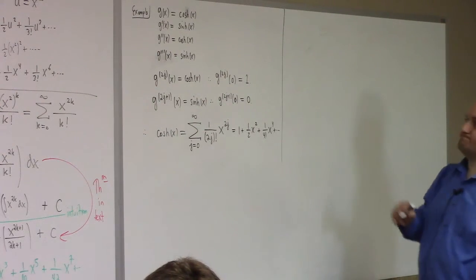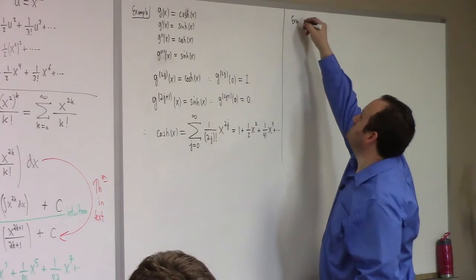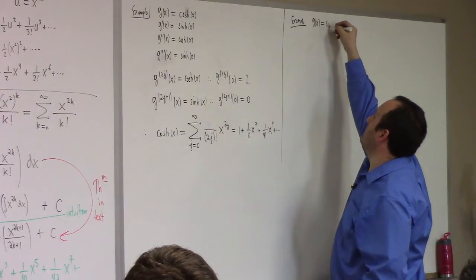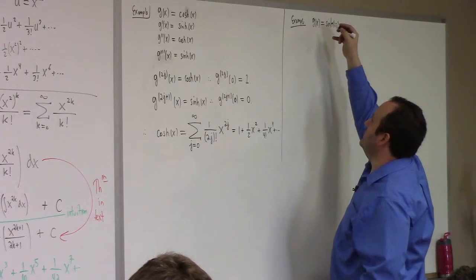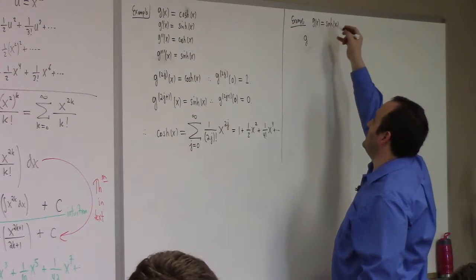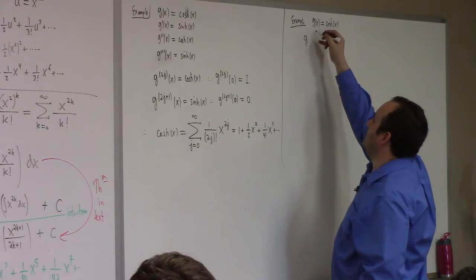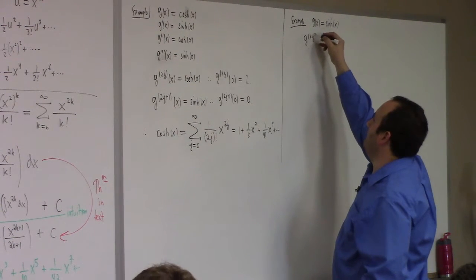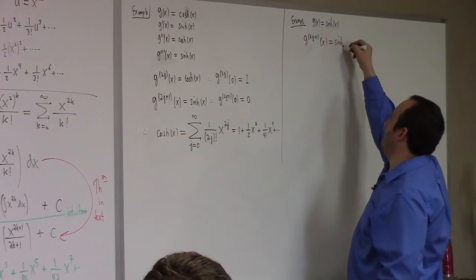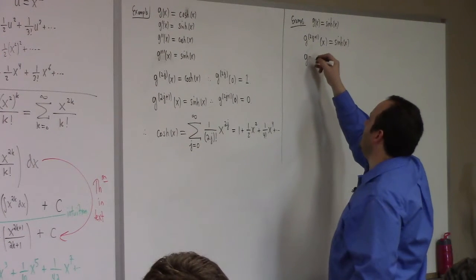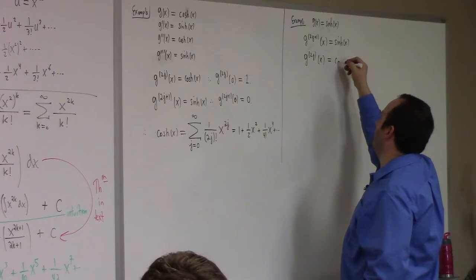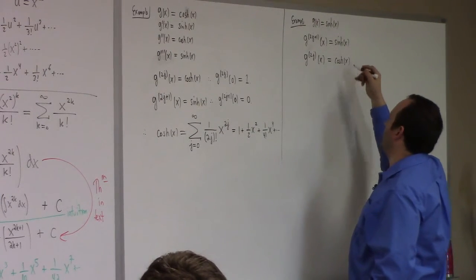How about sinh? So this time we get what? By the same calculation essentially, what are the odd derivatives? Sinh, right? And the even derivatives are what? They're cosh.